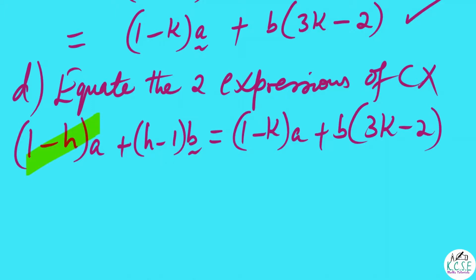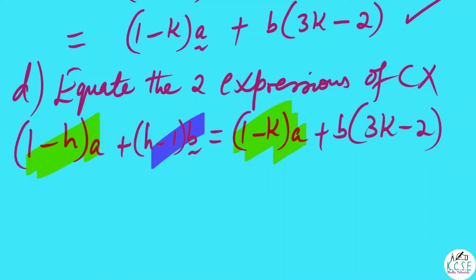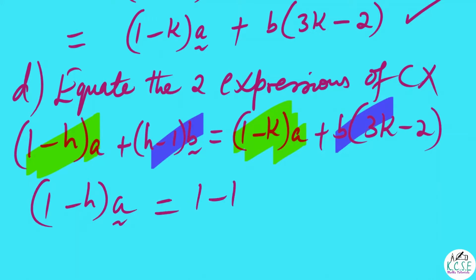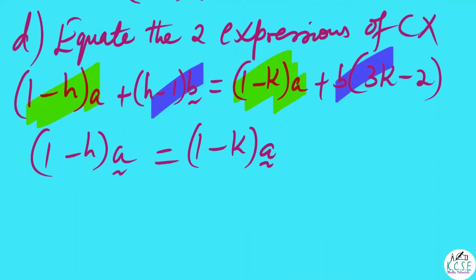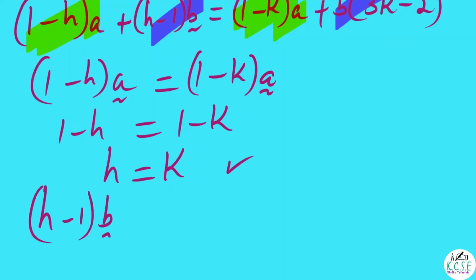For example, the one with vector A, we equate it with the one with vector A, and then we can equate the one with vector B with the one with vector B. So this one, 1 minus H A is equals to 1 minus K A. Now dividing both sides by A, A will disappear, we remain with 1 minus H is equals to 1 minus K. If you work out this expression, you notice that H will be equal to K. Now let's go to the one with vector B, and this is H minus 1 B is equals to B 3K minus 2.